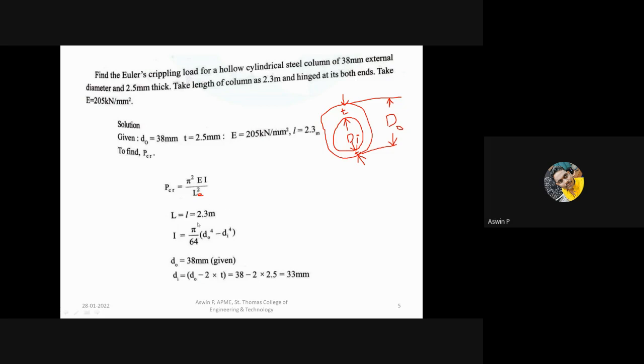If this is converted into mm, that will become 2300 mm.